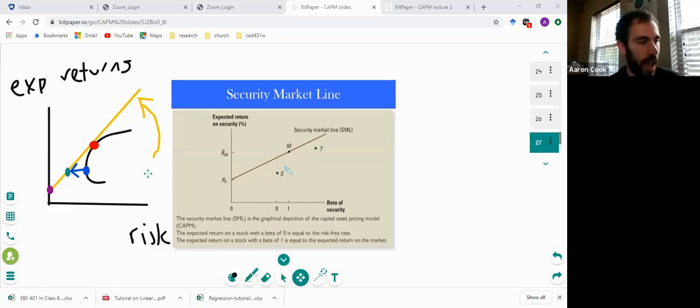So anything on the Sharpe line unambiguously dominates anything else that's on this black portfolio frontier. The only thing that doesn't unambiguously dominate is the red dot, in which case it's identical to the optimal portfolio on the black line. But anything else on this black line, either you're going to be able to get lower risk for the same return, or more return for exactly the same risk.